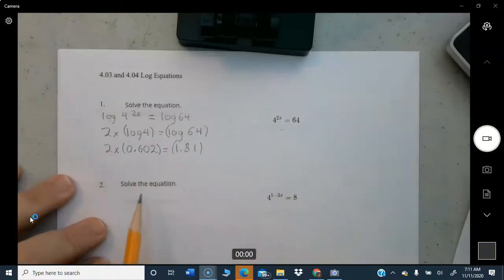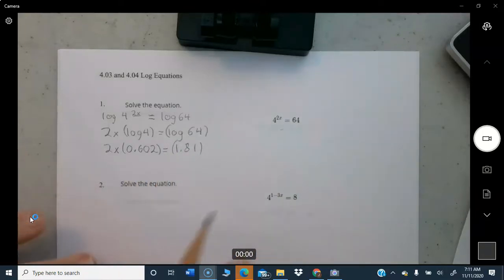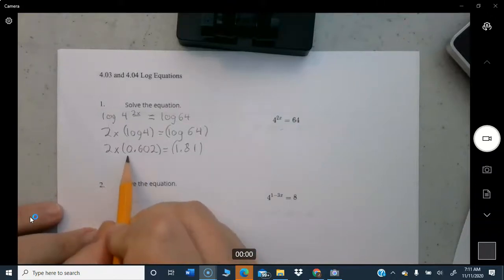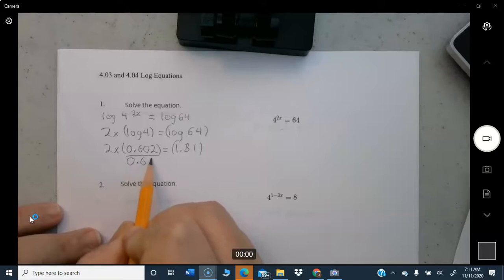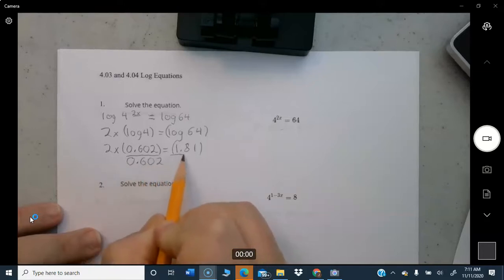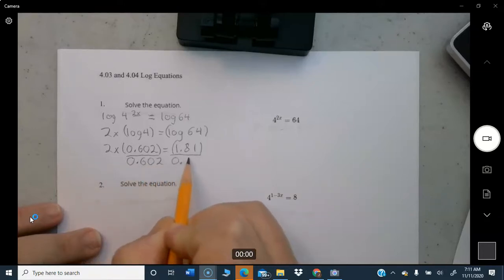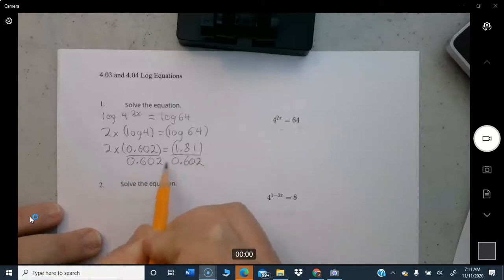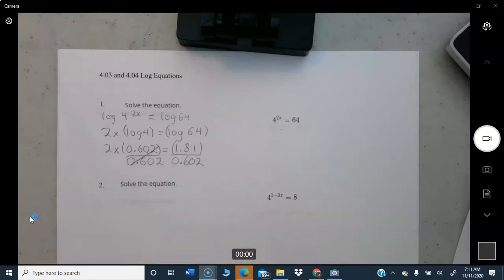Now we solve for x. It just becomes an algebra problem, no more logs, no more exponents. So divide both sides by this. That cancels, and I'll do the division on the calculator.